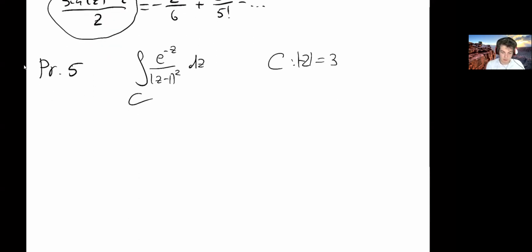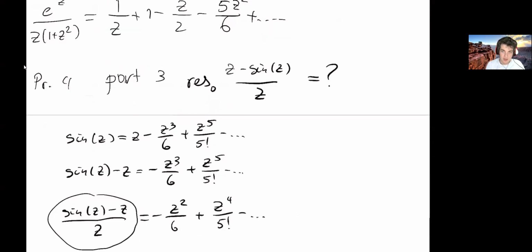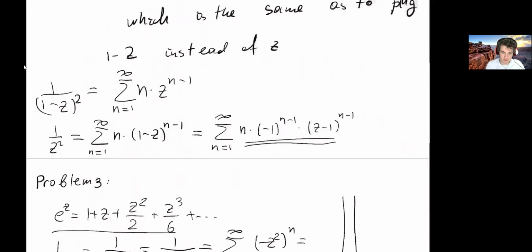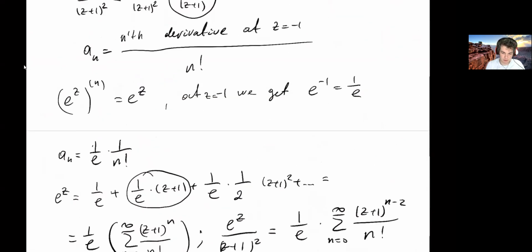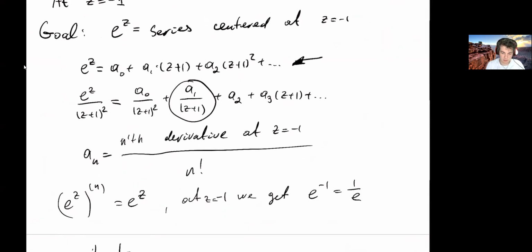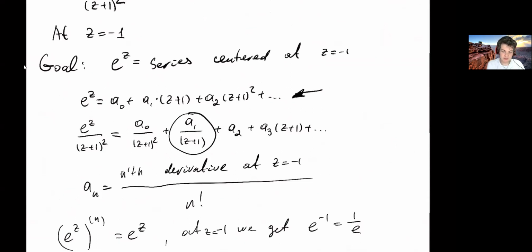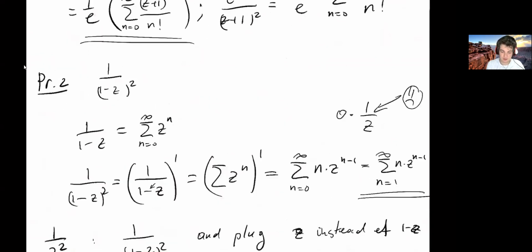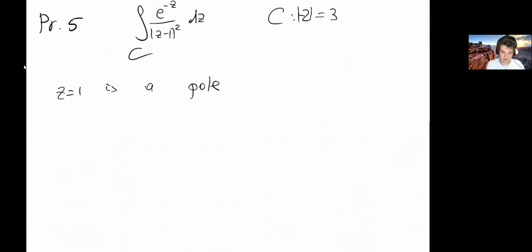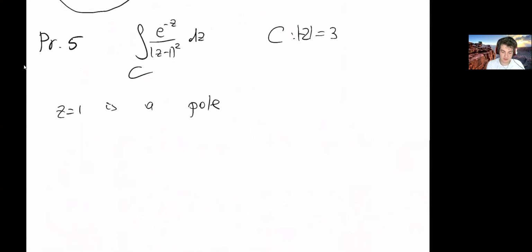So what is our problem? Our problem is at 1. So we need the residue at z equal to 1. And that's a nice problem because we can kind of use the strategy from problem number 1, right? In problem number 1, we wrote series at -1. So now we need to write the series at z equal to 1, but for e to the minus z.